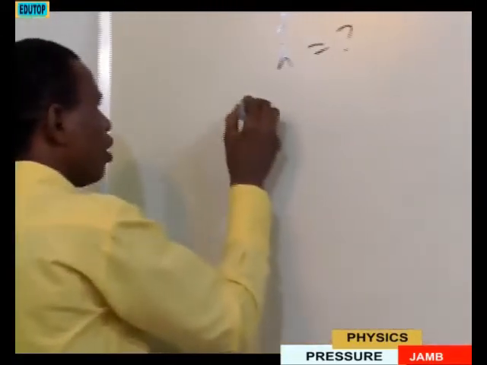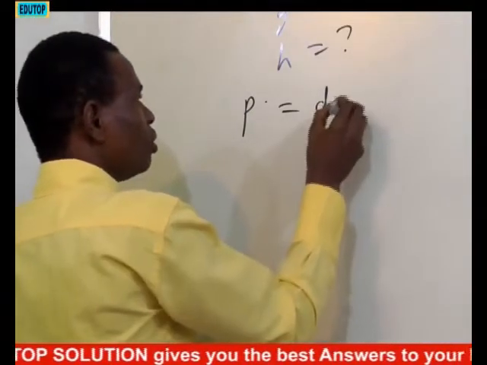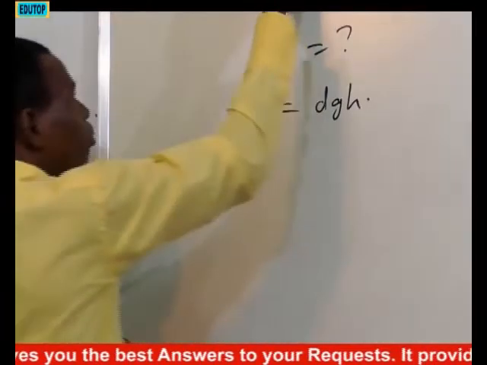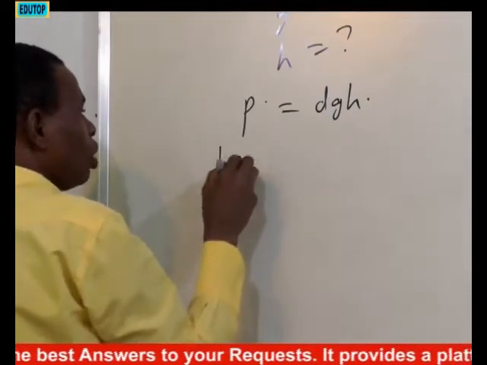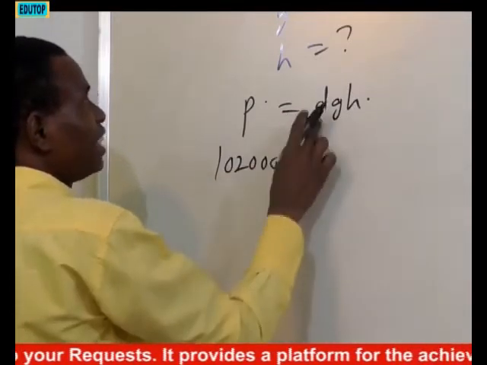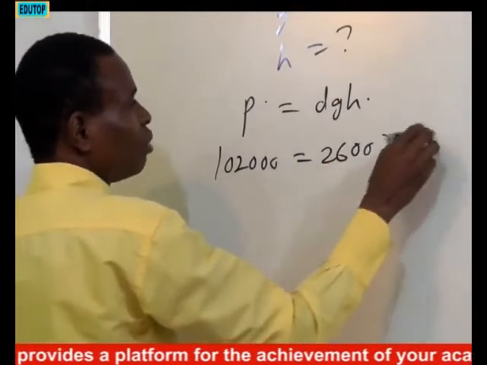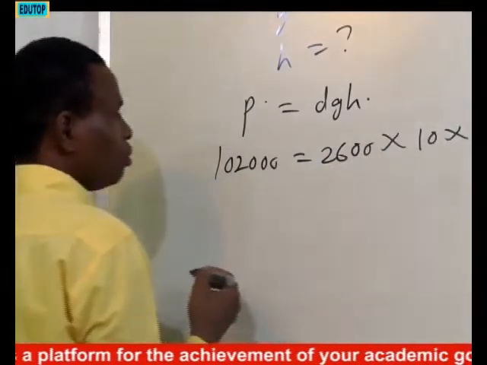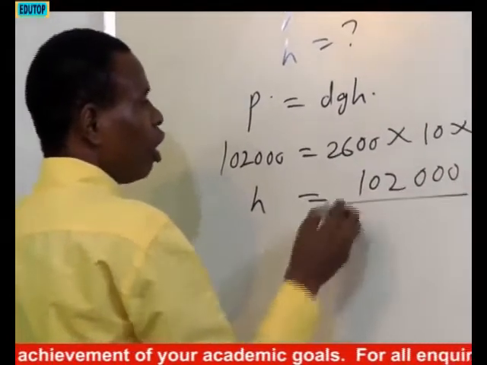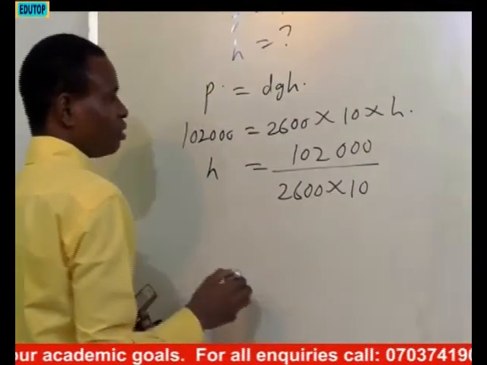We are still coming from pressure is equal to density times g times height. The pressure, which is 102,000, will be equal to density, which is 2,600, times 10 times h. Our h will now be equal to 102,000 all divided by 2,600 times 10.